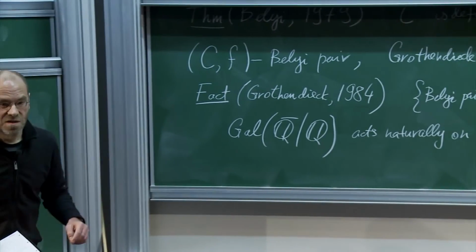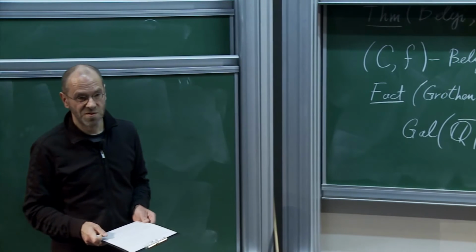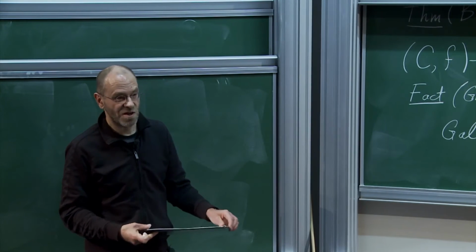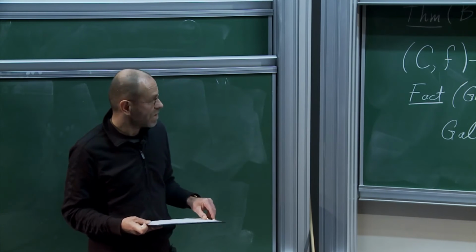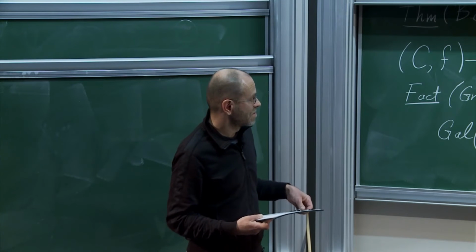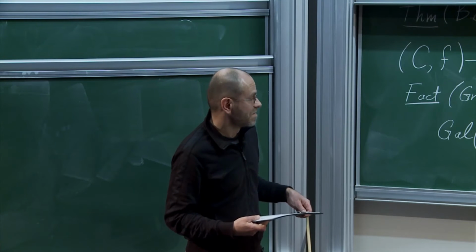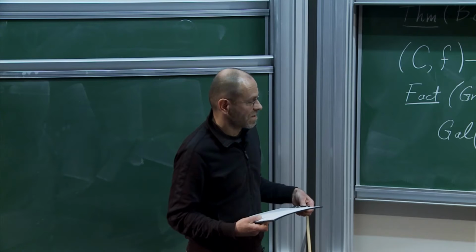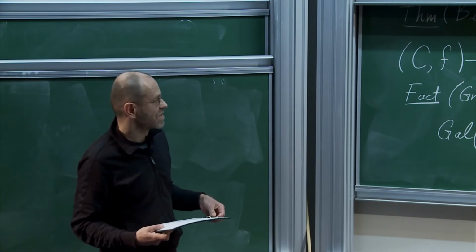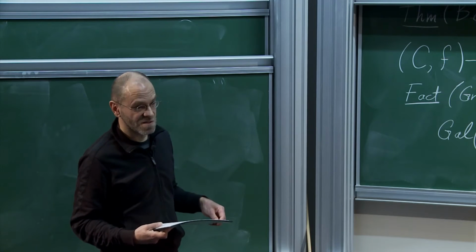The absolute Galois group is one of the most mysterious objects in mathematics, and very little is known about its structure in general. So Belyi's theorem, together with Grothendieck's observation, gives a way to study it through its action on dessins.